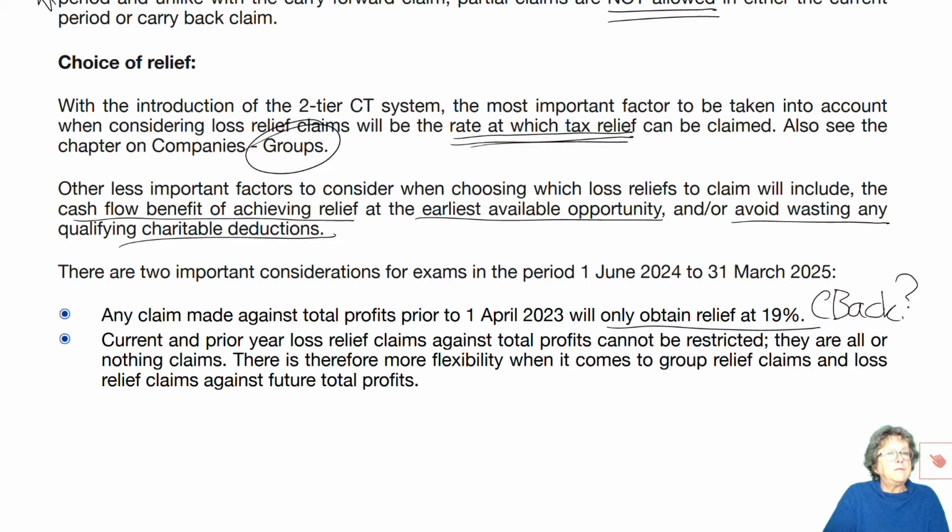So a carry forward claim might be more important because you're going to get relief maybe at 25%, depending. Current and prior year loss relief claims against total profits cannot be restricted. They're all or nothing claims. Therefore, there is more flexibility when it comes to group relief claims and losses against future total profits.